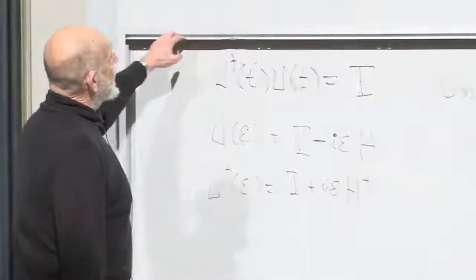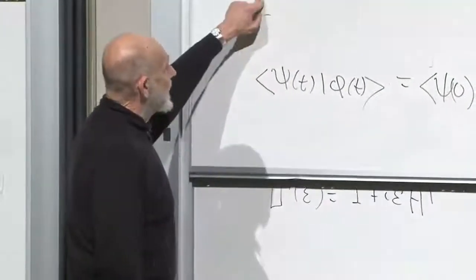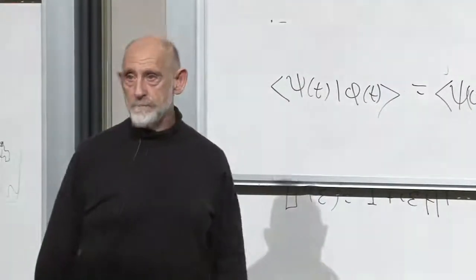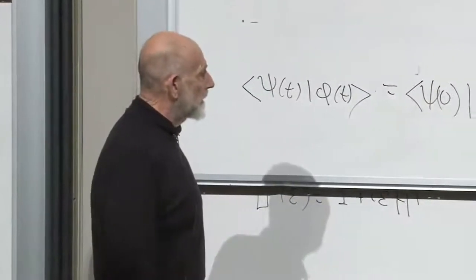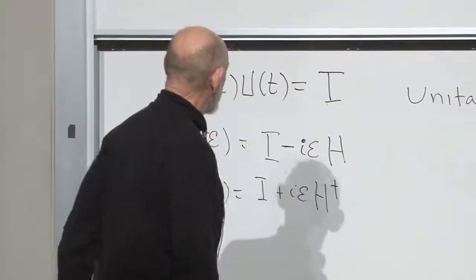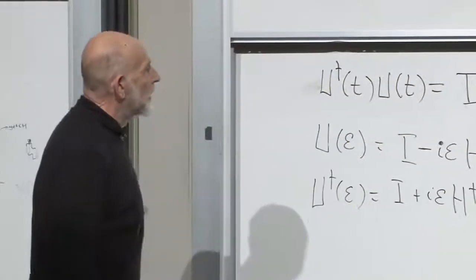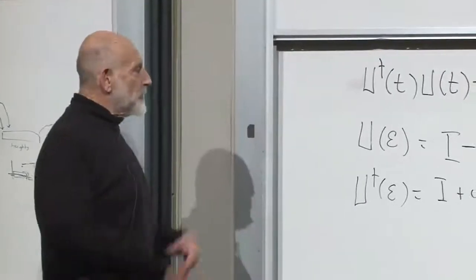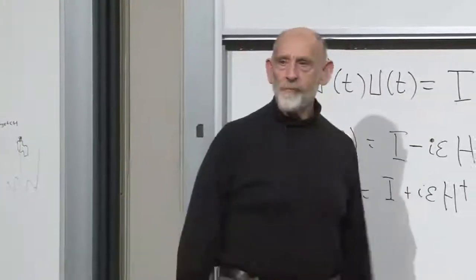Okay, so let's come back then to this equation over here. What happens at long times? This is all for the small, infinitesimal epsilon time. Yes, we'll come to that. Basically, you just multiply them together.